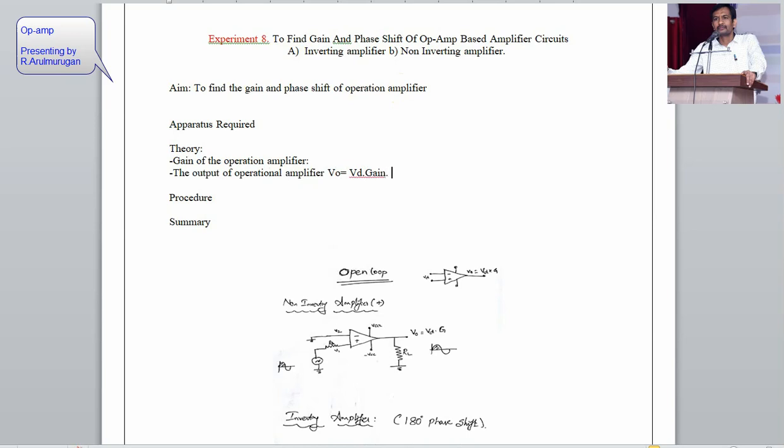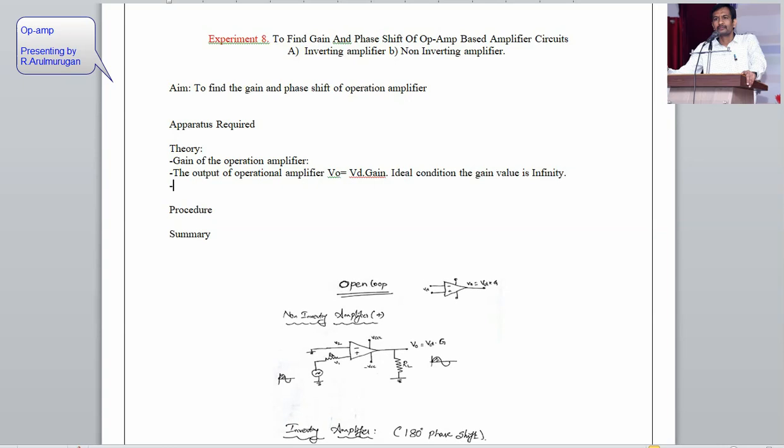Under ideal conditions, the gain value is infinity. Normally the gain value comes to around 10 to the power 6 to 7.